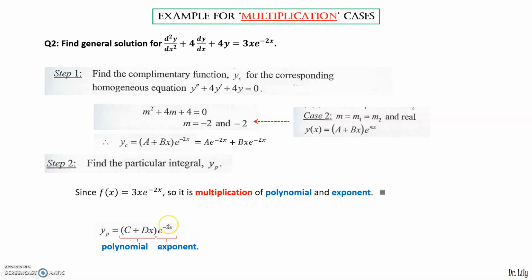Now you can expand to have yp equal to c exponential -2x plus dx exponential -2x.